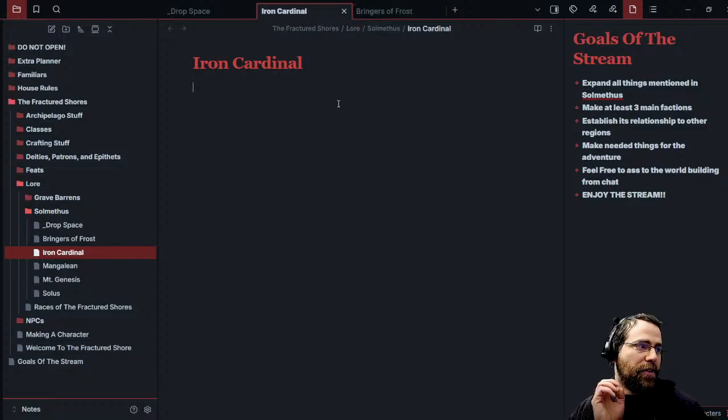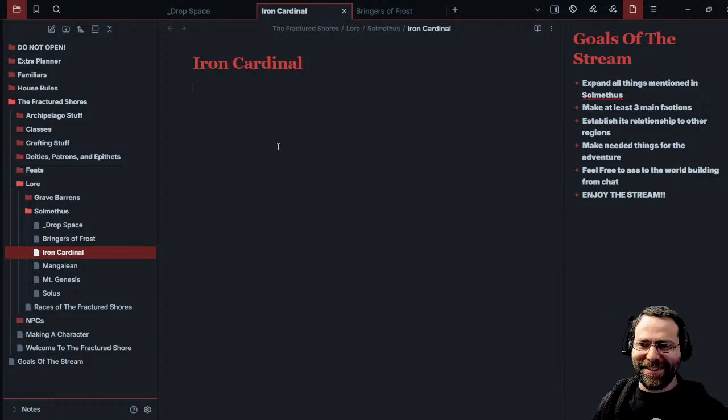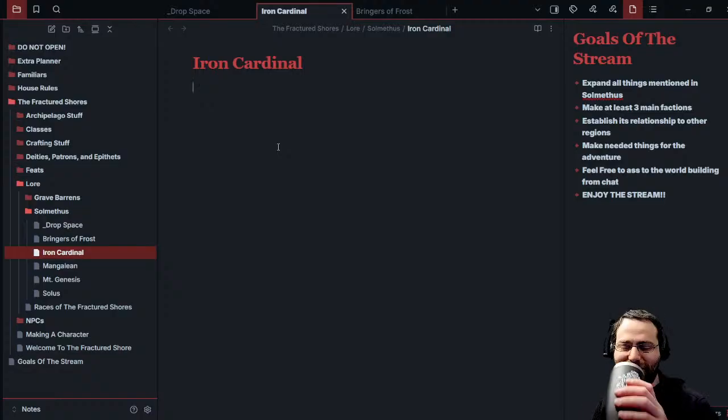And then you have a third party in this whole thing, and that is the Iron Cardinal, and he wants to just rule over everything. Like just iron fist rule everything. So it's not a fun place to be, regardless of who you are.